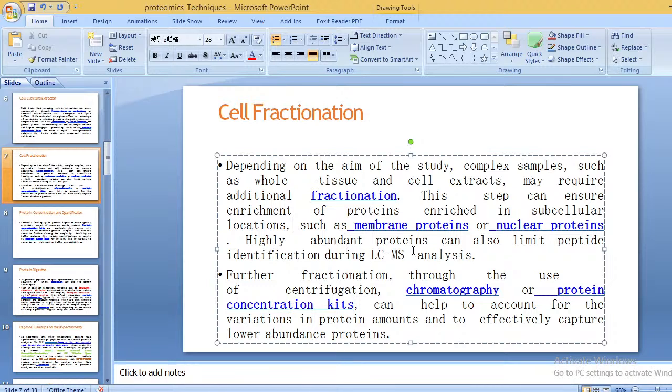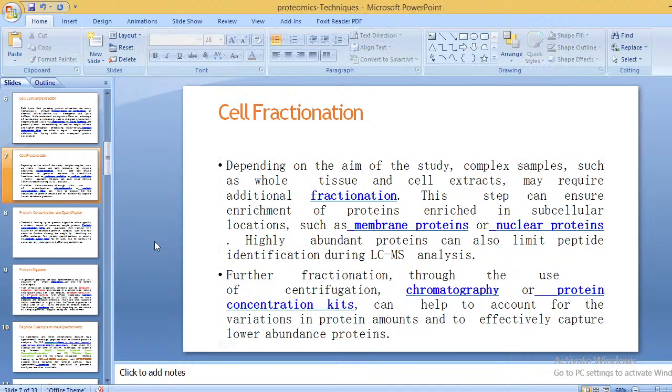Highly abundant proteins can also limit peptide identification during LC-MS analysis. Okay. Further, fractionation through the use of centrifugation, meaning ultracentrifuge, chromatography techniques, or protein concentration kits can help to account for the variations in protein amounts and to effectively capture lower abundance proteins.